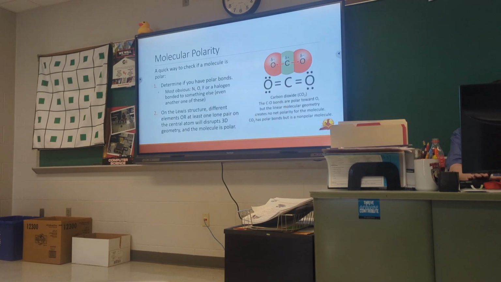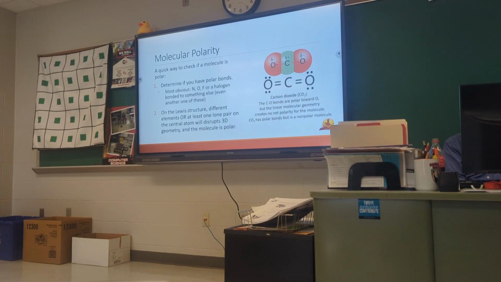Okay. Molecular polarity. What you're looking for is ionic or polar bonds. If you see that in a molecule, then it has polar bonds. If you don't see any of those, it's nonpolar.